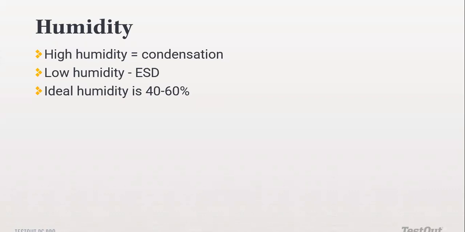If your humidity is too low, let's say in your office where your computers are, if everywhere is too dry, you're going to face issues with electrostatic discharge. Now, the ideal humidity is about 40 to 60%. When your atmosphere is 40 to 60% humid, that is the adequate humidity for a workspace.